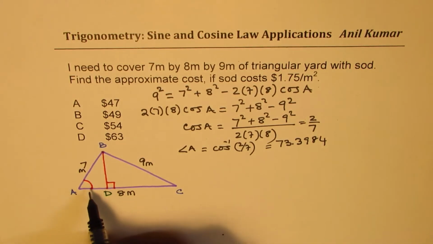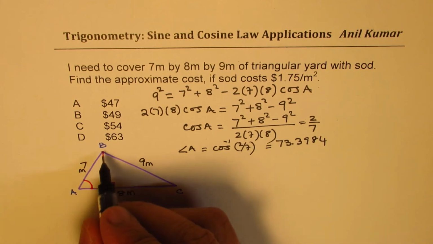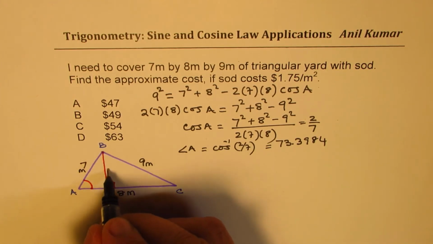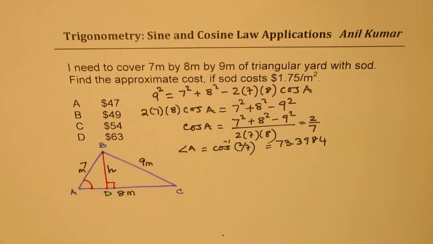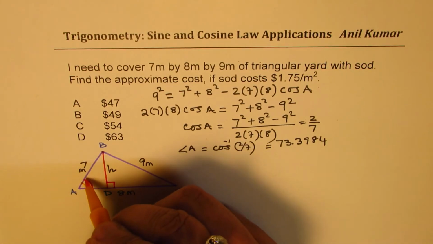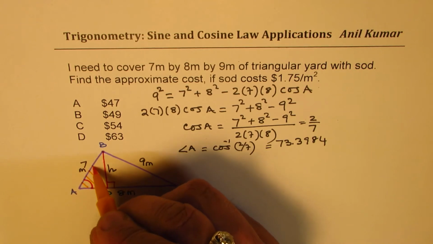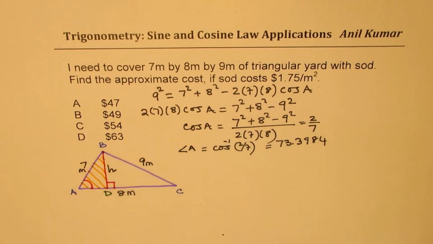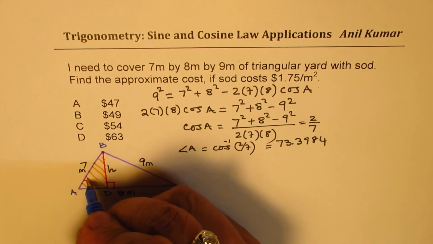Now once we know this angle, we can work in the smaller triangle to find the height BD, right? So now we are working in this particular triangle. To find the height, we'll approximate this to 73.4.